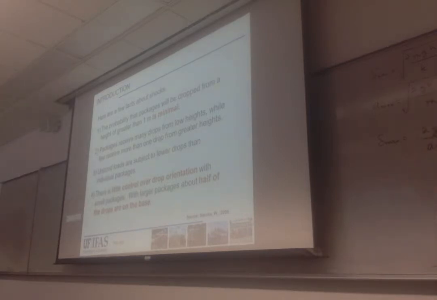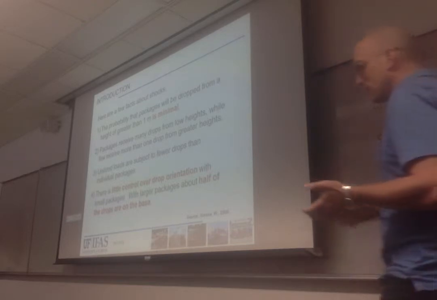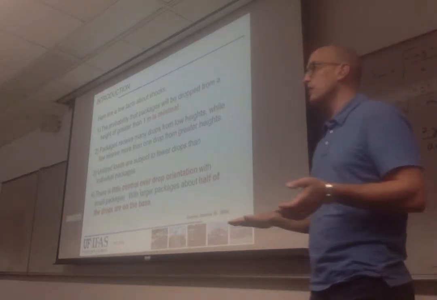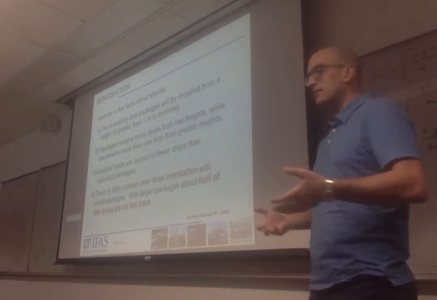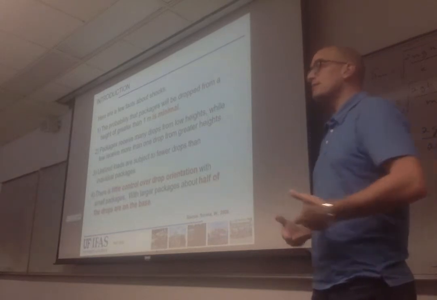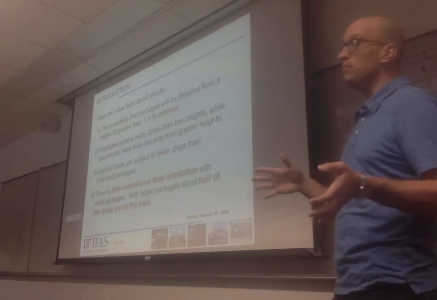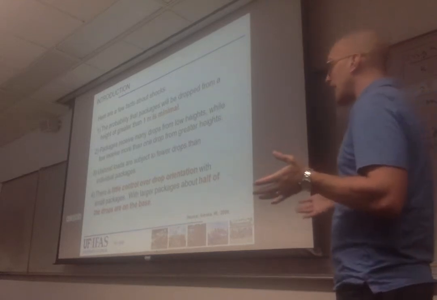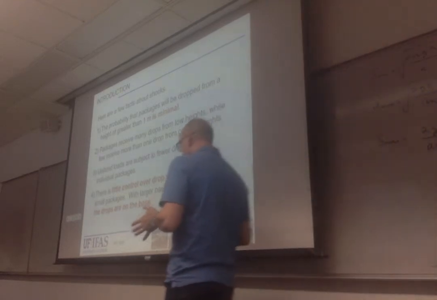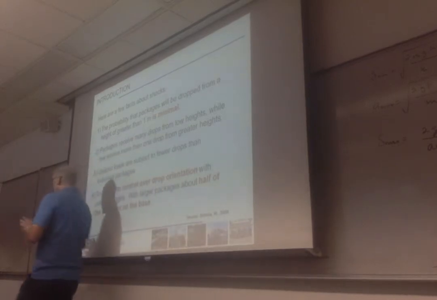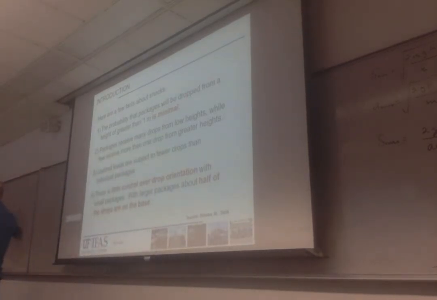Obviously it varies, but 1 meter is about 30 inches, which is more than waist high. So the probability that things are going to be dropped higher than this is not going to happen all the time. It will have to be a package that's carried on the shoulder, or on top of a pallet, that's going to fall. But most of the drops are going to be lower than this.